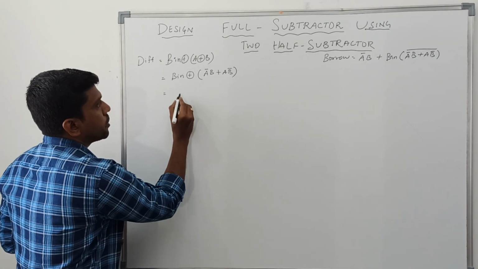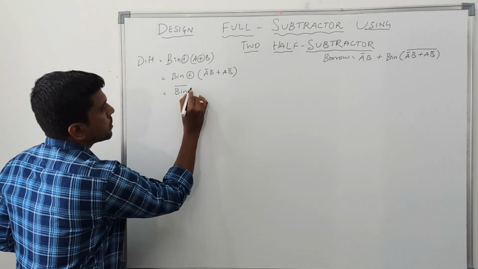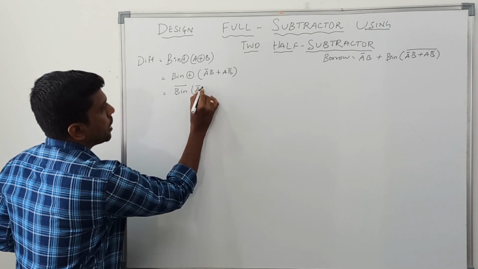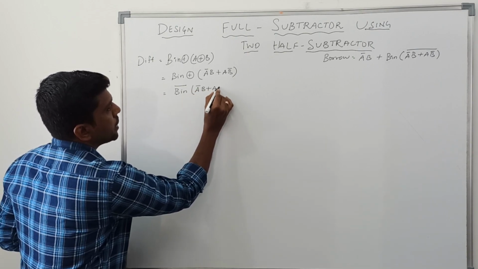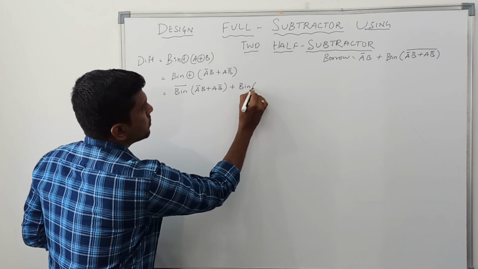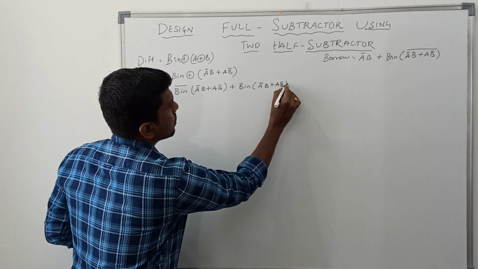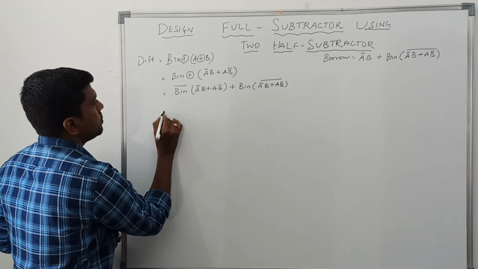This expression you write like this: B in bar dot (A bar B plus A B bar) plus B in (A bar B plus A B bar whole bar).